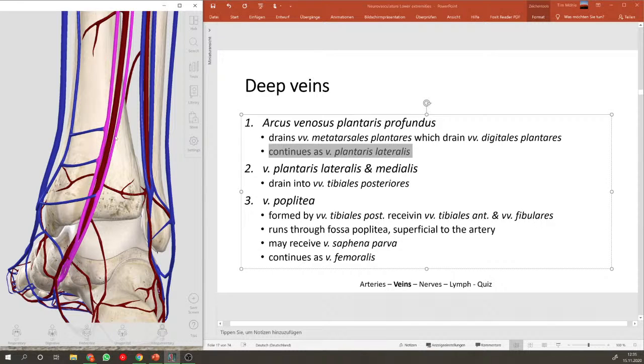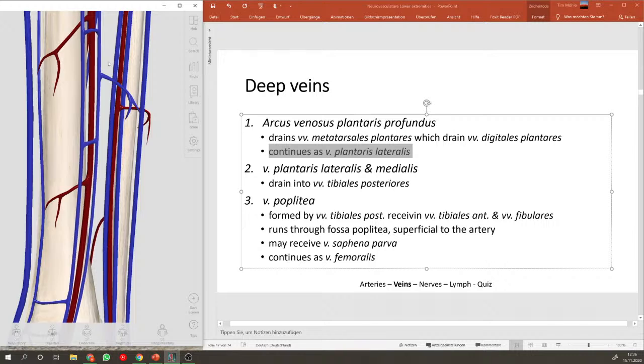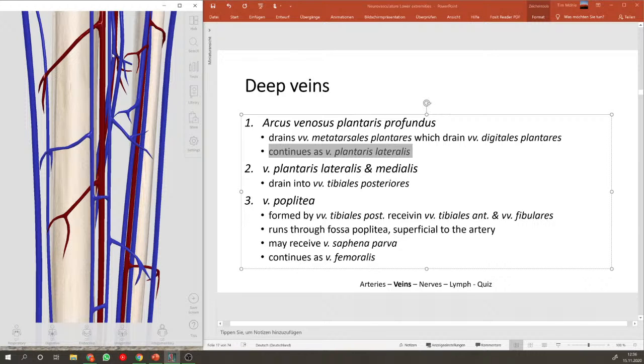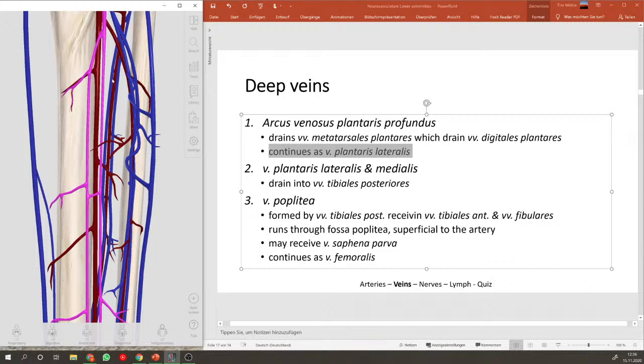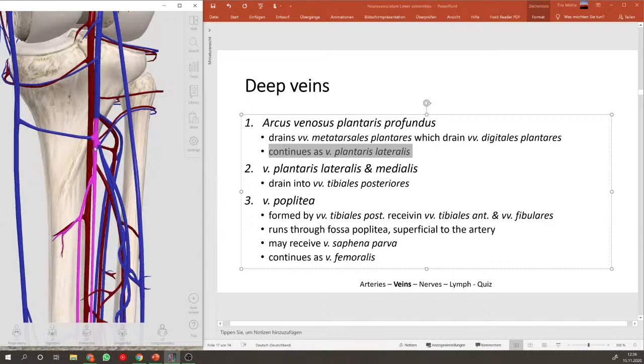All right. So the posterior tibial vein will ascend along the artery. Let's follow its course up, and like the artery, it will receive some branches from the muscles. The posterior tibial artery is the pink one here, and it will receive the fibular vein.